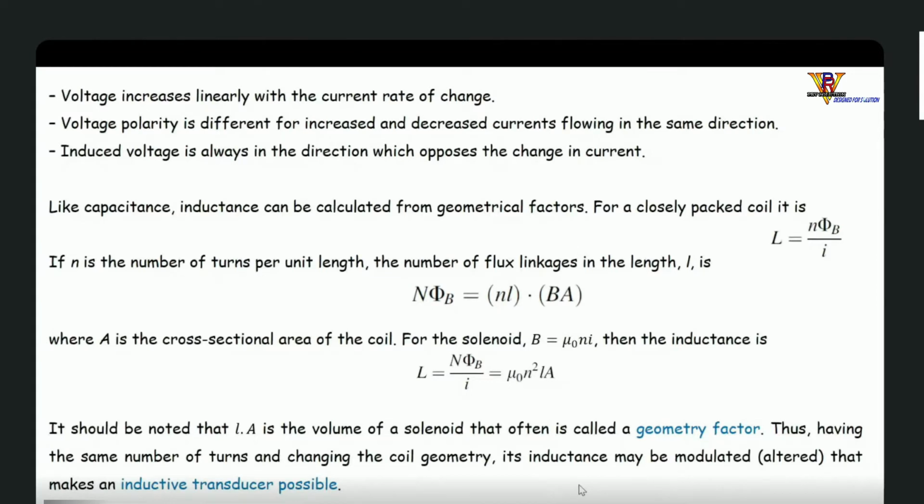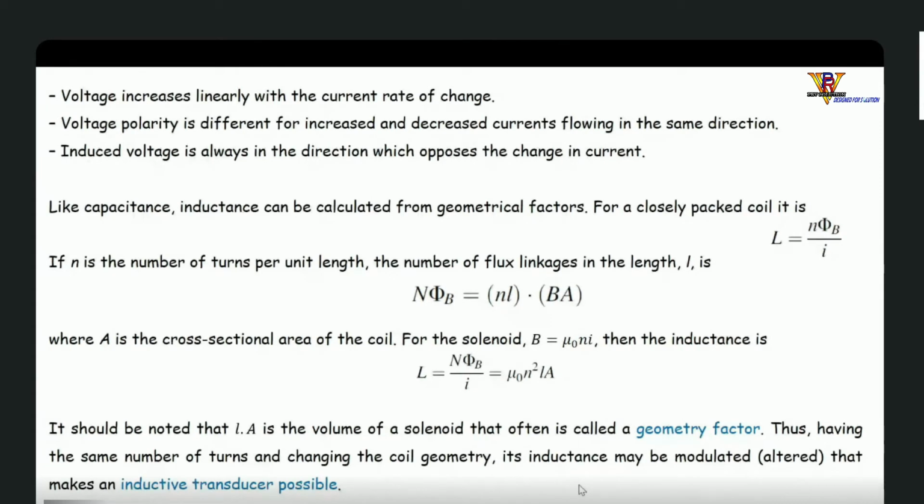Voltage polarity is different, as we know, because this induced EMF opposes the cause that produces it. So we have a negative sign. The induced voltage is always opposite, so that's why a negative sign is associated with this.